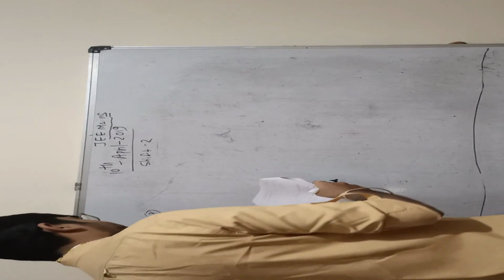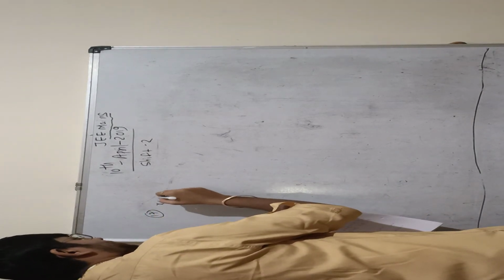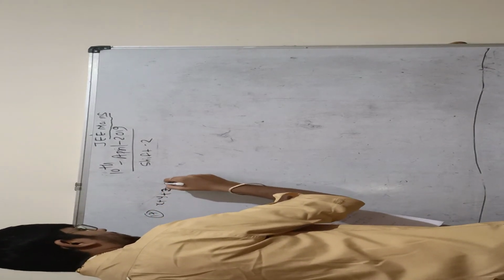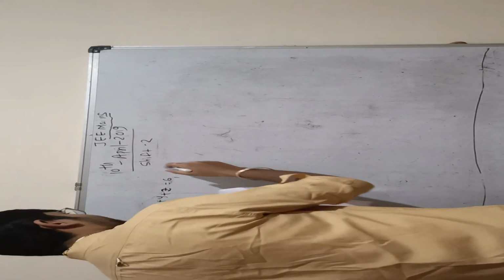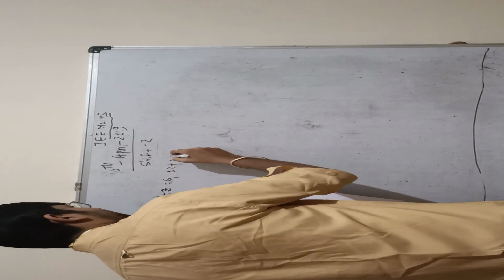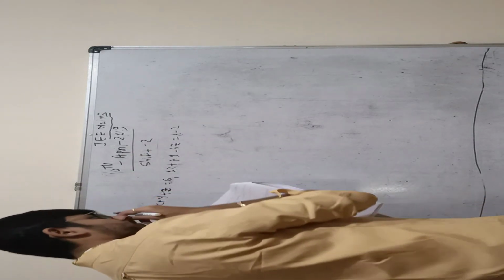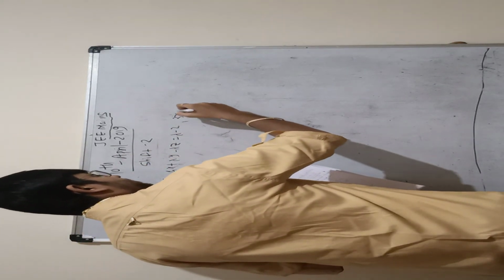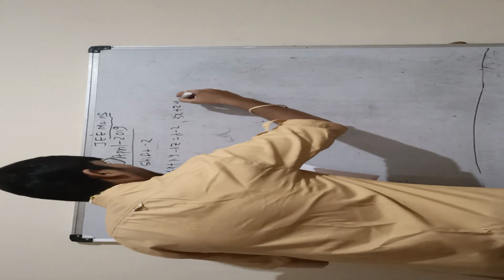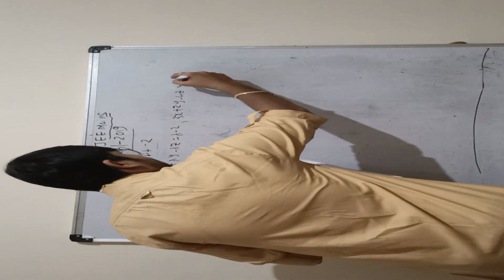In the next question, three equations are given to us. x plus y plus z equals 6, then 4x plus lambda y minus lambda z equals lambda minus 2, and 3x plus 2y minus 4z equals minus 5.